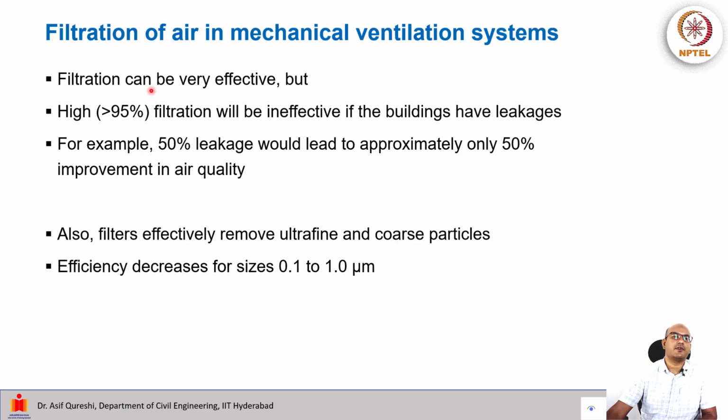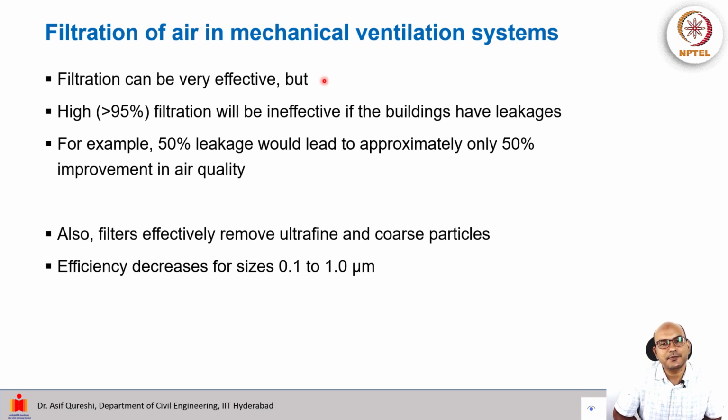Of course, now we can go for filtration of air in mechanical ventilation systems. We have seen that if we use an optimum ventilation rate and we achieve some filtration of the incoming air, filtration will be effective. But this will not be of any use if the building has leakages, for example, through cracks.